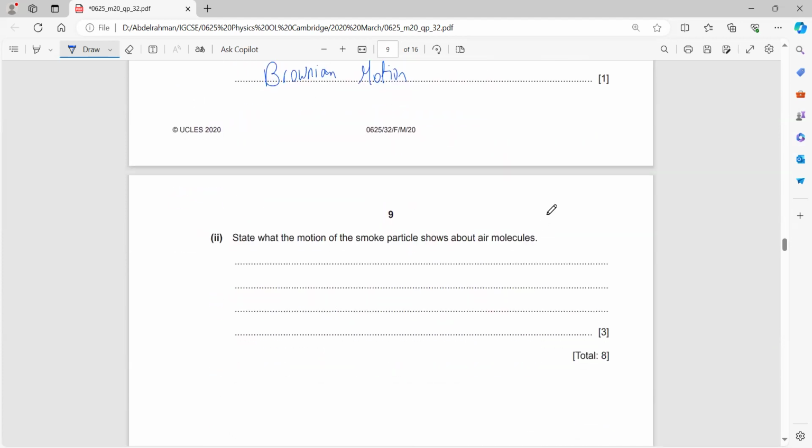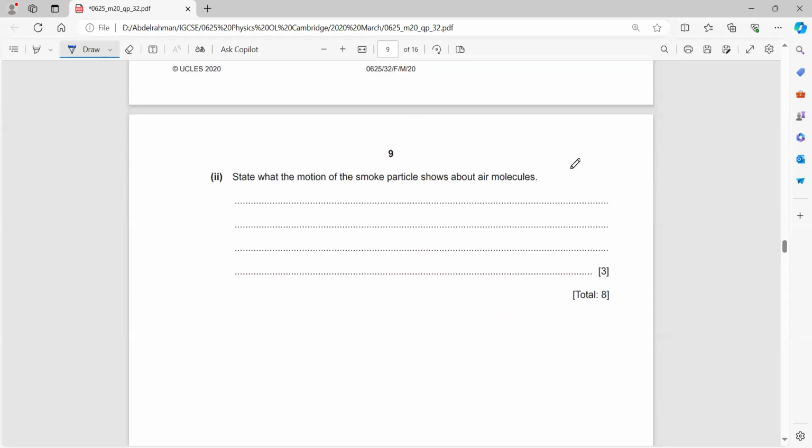State what the motion of the smoke particle shows about the air molecules. Maybe that the air molecules move fast and randomly, colliding with the smoke particle and making it move in random directions.